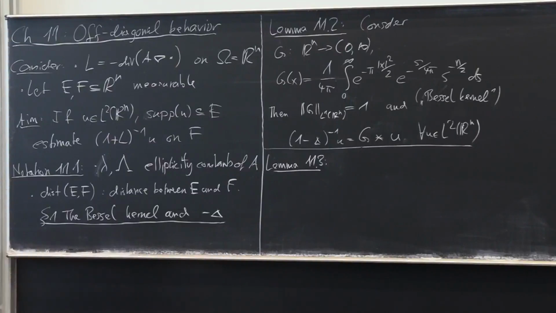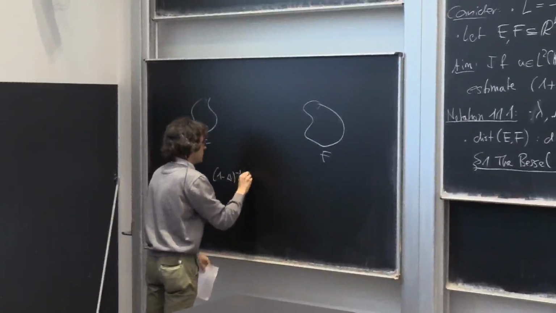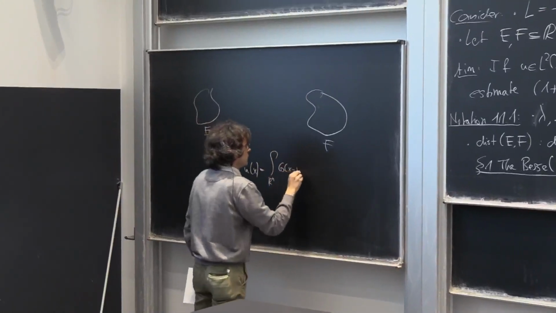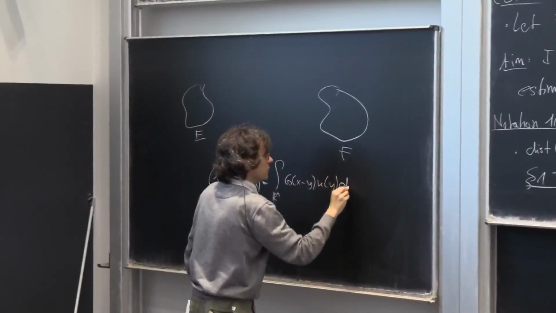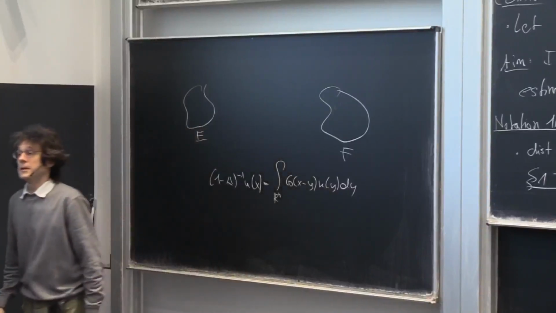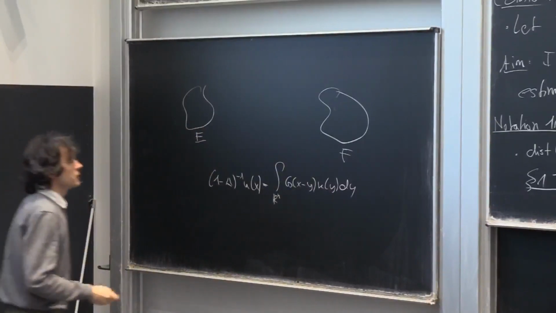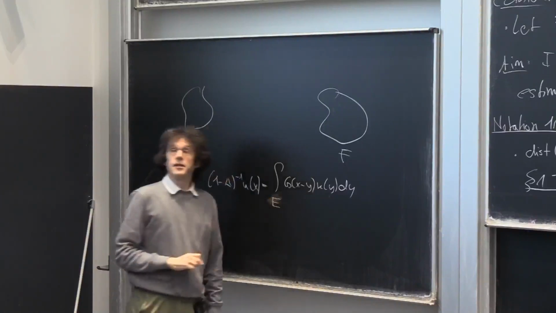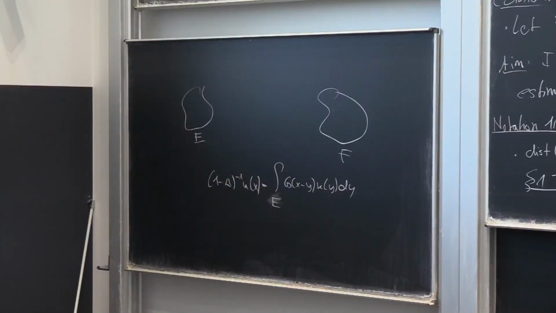So what is of interest: 1 minus Laplace to the minus 1 u of x is the integral over R^n of g of x minus y times u of y dy. This is the convolution. Now we know that u is only supported in E, so this is an integral over E, because for y not in E this is 0.